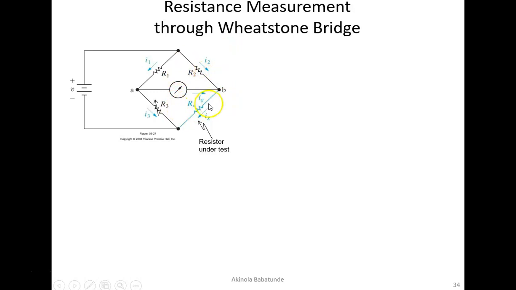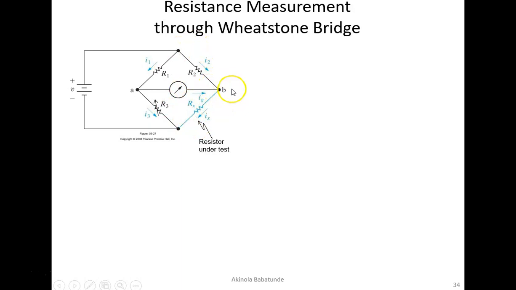So when you get to the lab, you will be taught how to create a Wheatstone bridge circuit, how to connect it, and how to find RX. You find RX when you are able to make sure the current flowing between these two terminals A and B, when the value of this galvanometer reads 0. When IG reads 0, then you can find your RX.